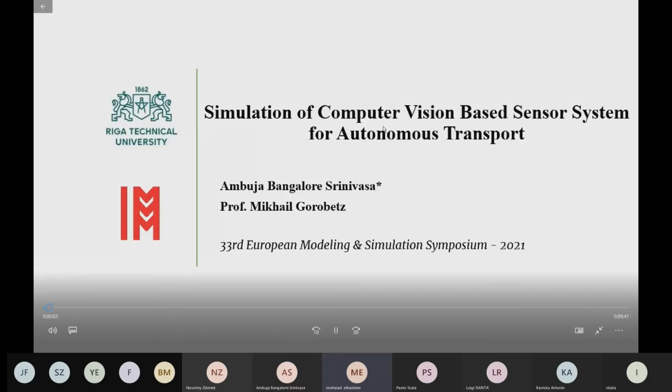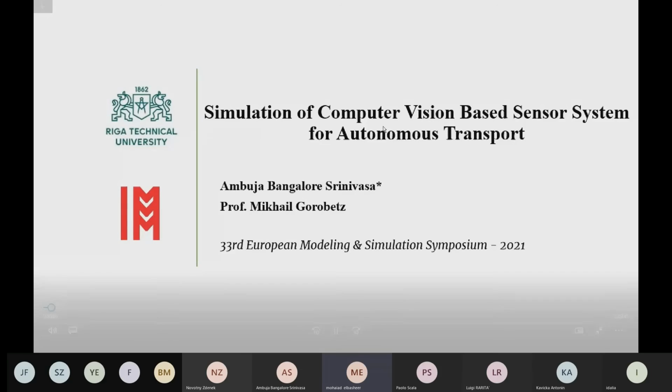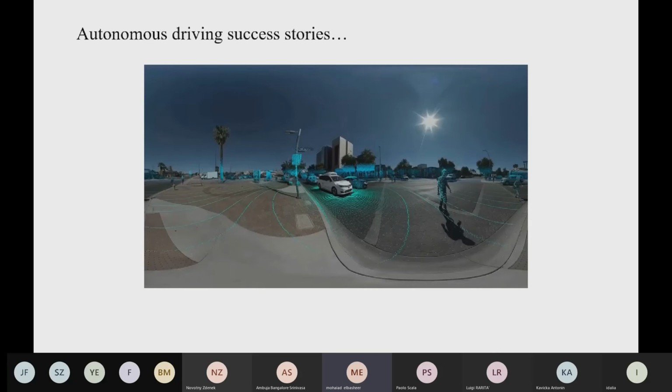Hello everyone, we are Ambuja and Professor Mihail Gorovets, and I'm here to present our work, Simulation of Computer Vision Based Sensor System for Autonomous Transport. As of late, we have seen incredible success in the field of autonomous driving. Famous companies like Tesla, Waymo, Pony AI, Apple, to name a few, have made incredible progress in this regard.